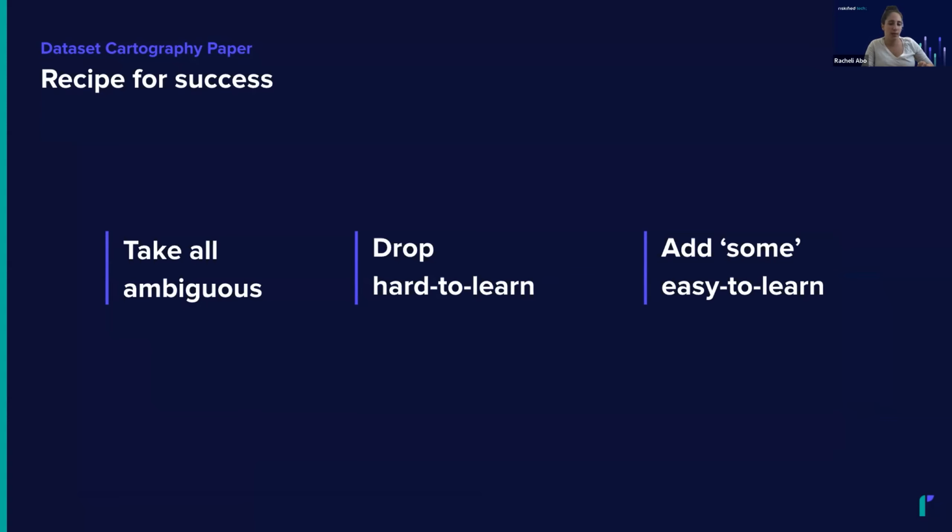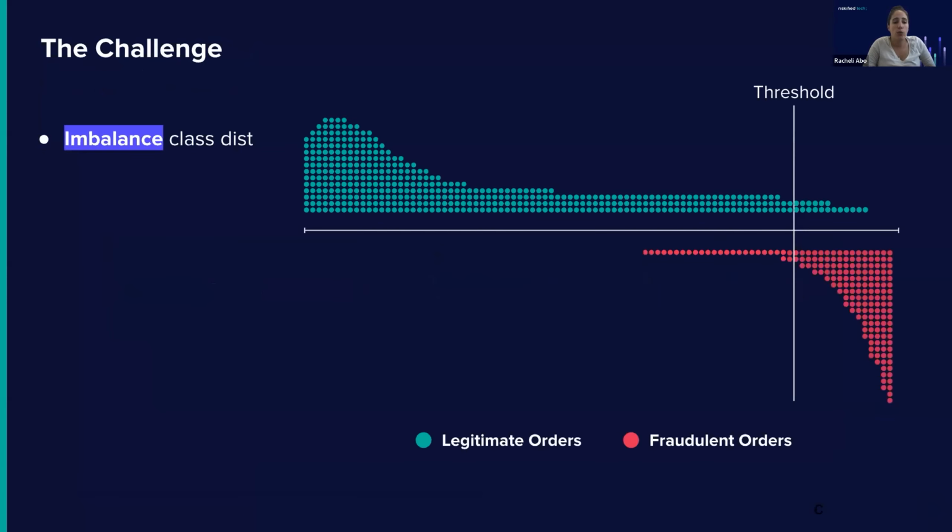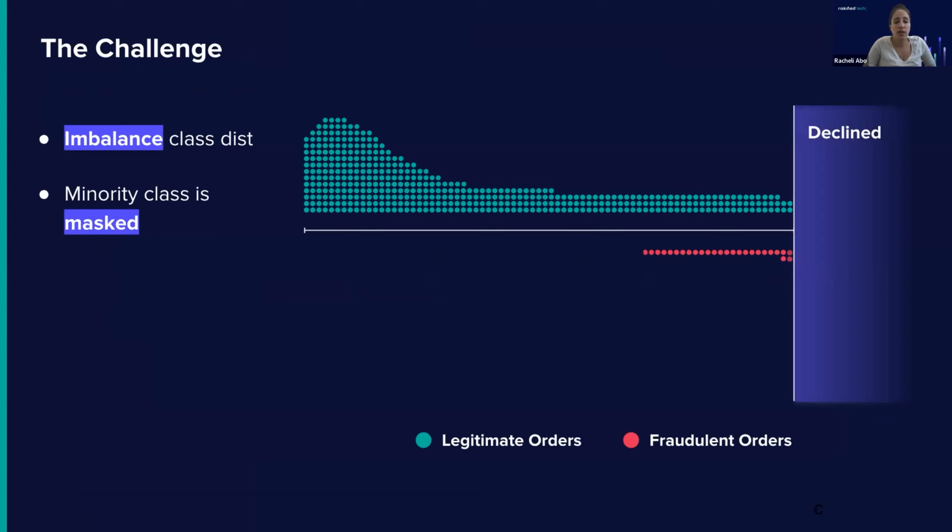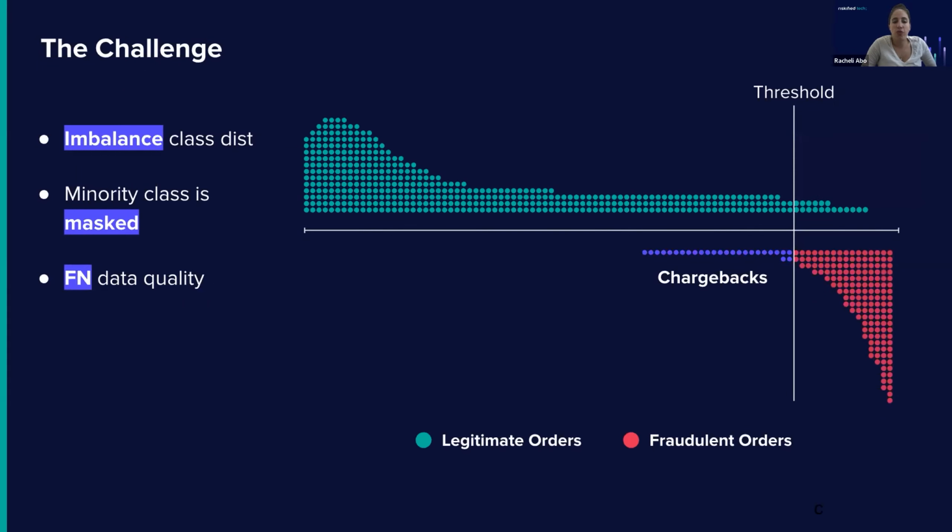Sounds easy, right? Sounds pretty straightforward. But let me remind you of our challenges in the fraud detection world. So we said that our data is imbalanced. We also mentioned that we do not have the true label for our declined population. And I'm adding here a new challenge. Before, I told you that we have an indication for our false negatives because users file something that is called a chargeback.